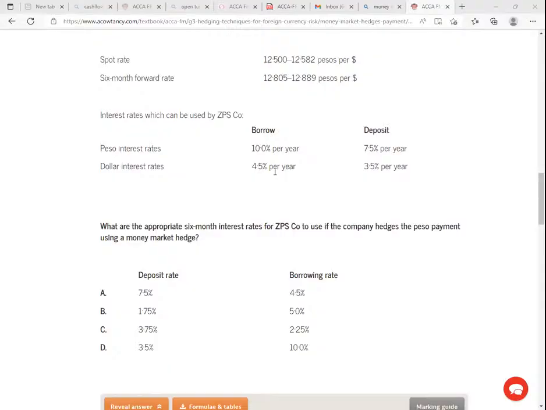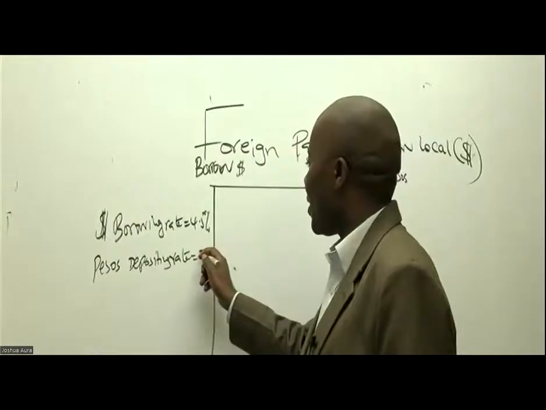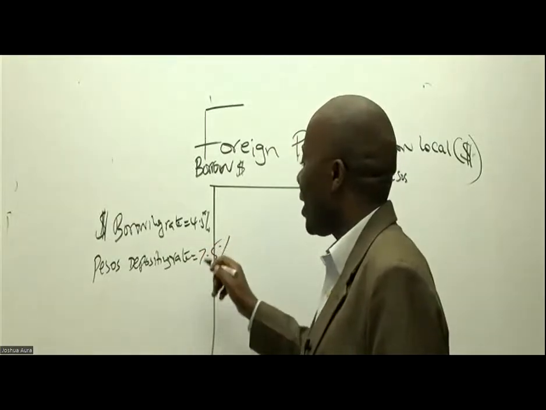How about the peso? On the other side we are depositing, so I need the peso depositing rate. If you look at this, the peso depositing rate is 7.5%. But you see, this is a crazy examiner.